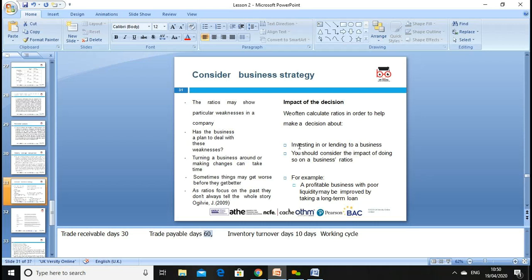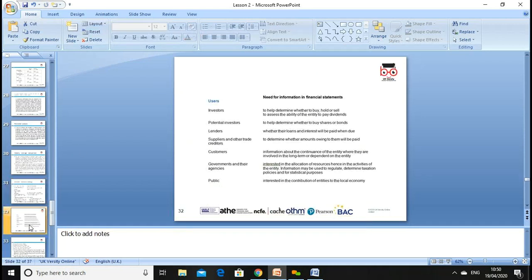Investors or lending businesses should consider the impact of the business ratios; profitability with poor liquidity may be improved by taking in a long-term loan. So we need to look around. So we discuss in terms of how ratios help investors determine whether to buy or sell. Different stakeholders: a potential investor can use these ratios to buy the shares or invest more money.